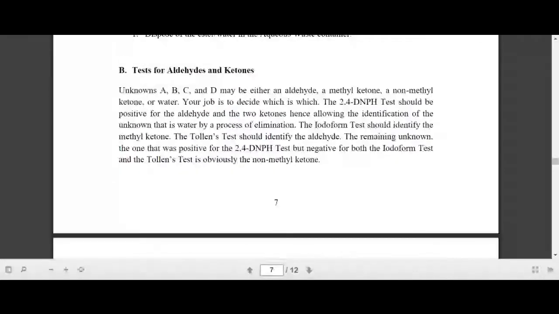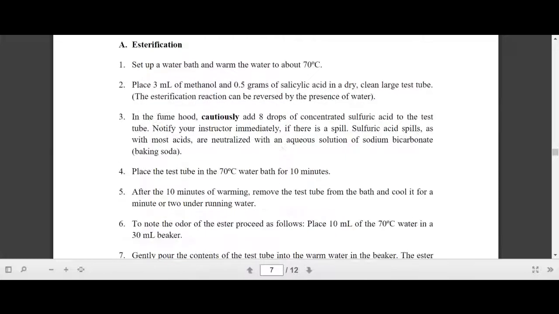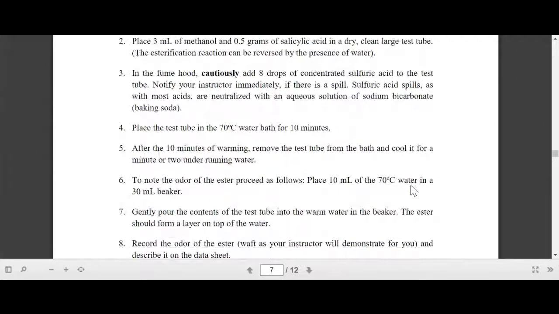Okay, I am going to start with the first experiment, which is esterification. At least with the esterification, we don't have to go through the problems that we had for the other lab. I want you to please keep the procedure open, because I'm going to go back to the collaborate and make sure that you see the video of the actual experiment.